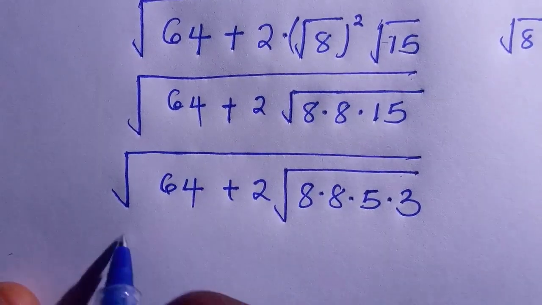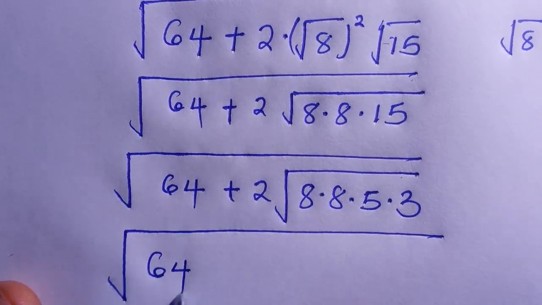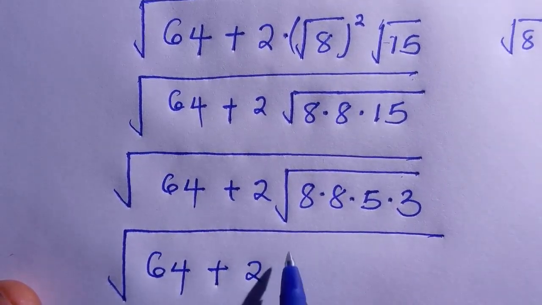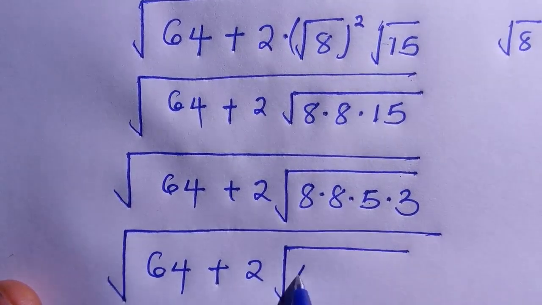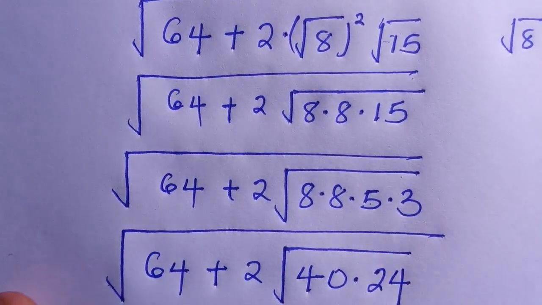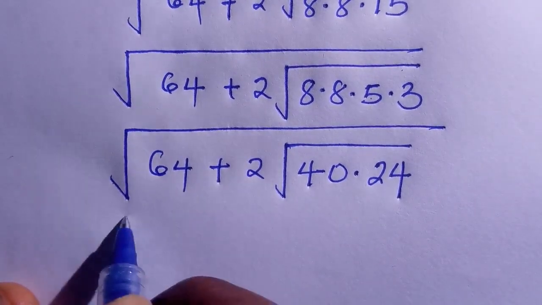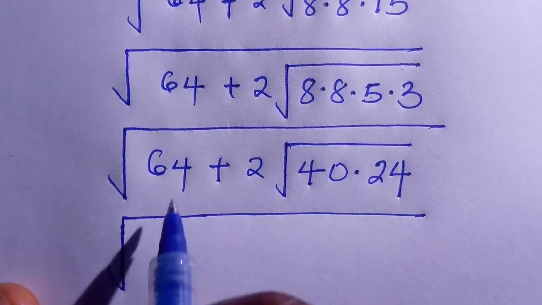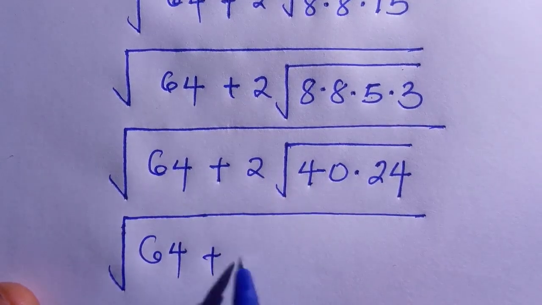And we know that if we have this as the square root, and here is 64 plus 2, I can have this as 8 multiplied by 5, which is 40, multiplied by 8 multiplied by 3, that is 24. And next we have this as the square root of 64 plus 2.